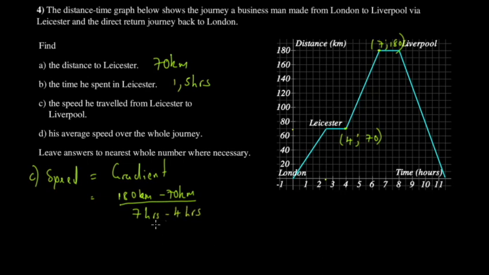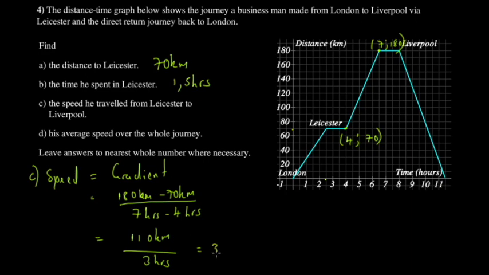Here we get 110 kilometers divided by 3 hours, so 110 divided by 3. We are going to adjust our answer to 3 significant figures.